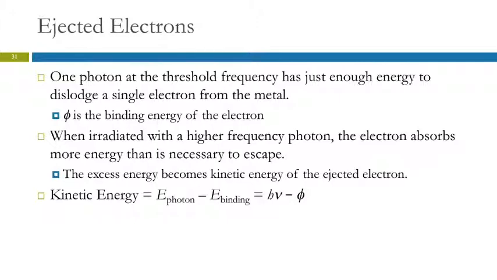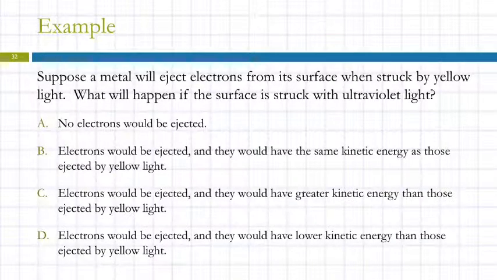So suppose a metal will eject electrons when struck by yellow light. What happens if it's struck with ultraviolet? Well, we need to know, is ultraviolet more energetic or less energetic than yellow? It's more, right? Roy G. Biv, and next to violet is ultraviolet, and that's higher energy.